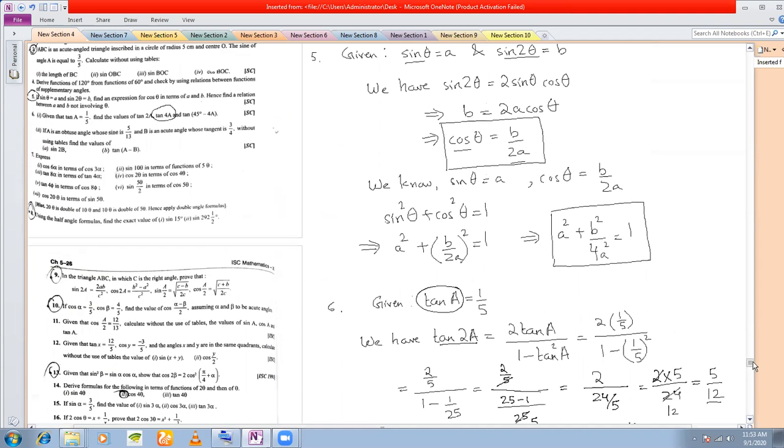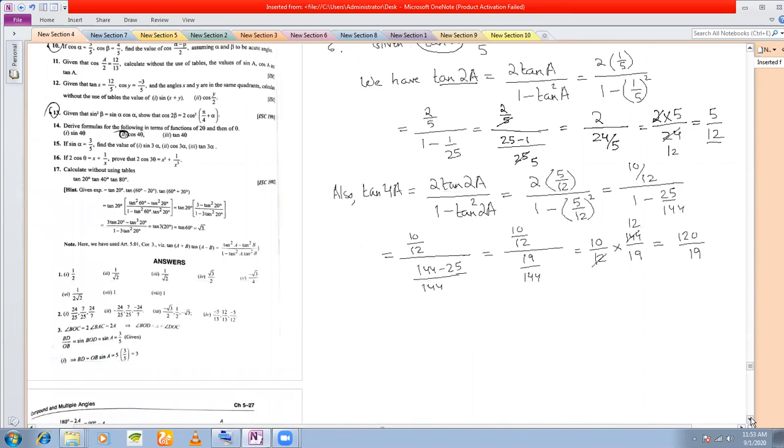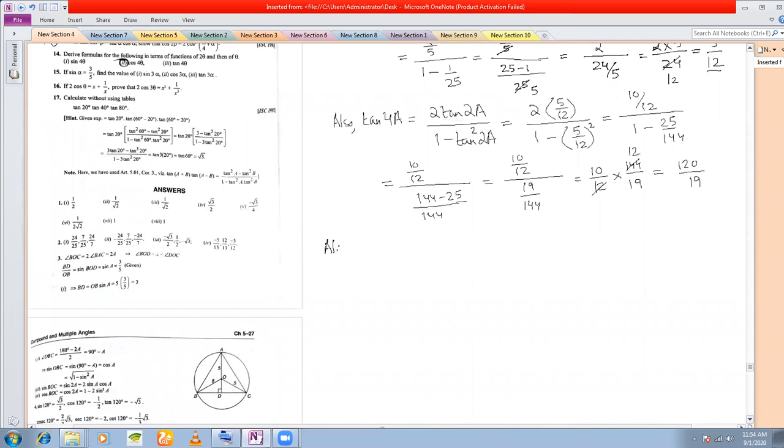The next question here is find the value of tan 45 minus 4A. Now for tan 45 minus 4A, we are going to use the compound angle formula. Tan 45 degree minus 4A, we are going to use the tan A minus B formula. Tan A minus tan B by 1 plus tan A tan B. Tan 45 is 1.